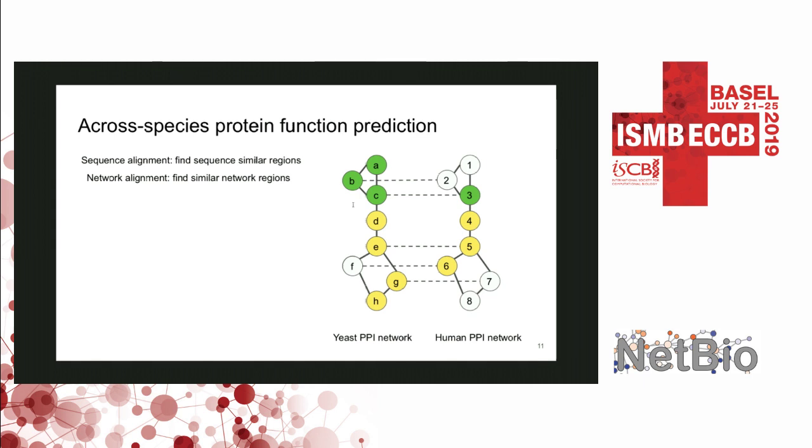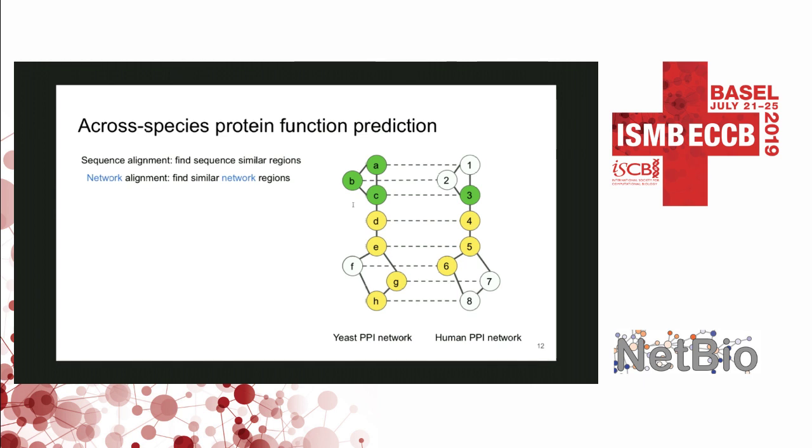Our goal is to try to align not only similar proteins to each other, but also proteins that have similar neighbors, and similar neighbors' neighbors, and so on. The idea is that we're trying to preserve the interactions that occur. And this idea of topological similarity can be used in tandem with sequence similarity to generate our alignment.